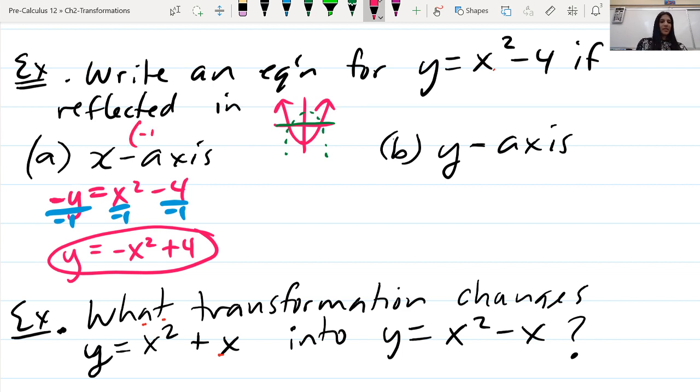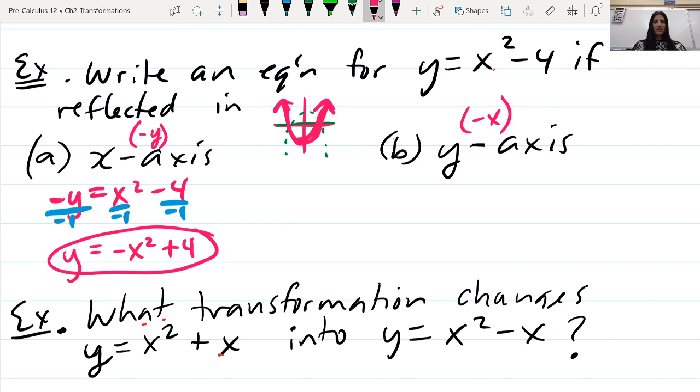So maybe here I'm going to say this would be like my negative y value. And this is the opposite. If I'm reflecting it in the y-axis, this would be a negative x value. And the reason why is you'd have your original pink parabola here, and you'd just be flipping it or rotating it around the y-axis.